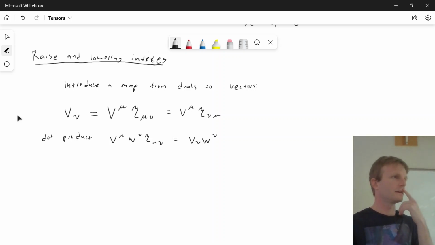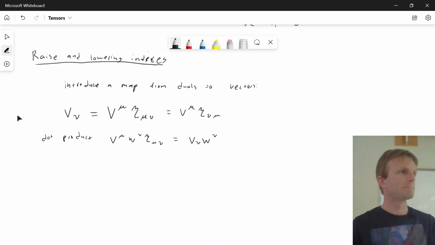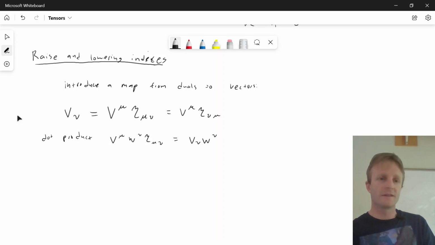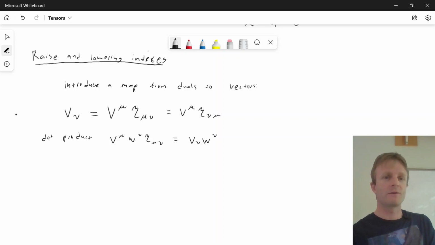So what if you do this with the one form instead of a vector? Okay, we can do the other thing: a map from duals to vectors.